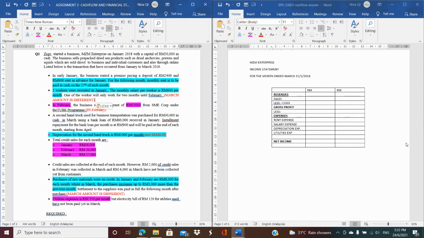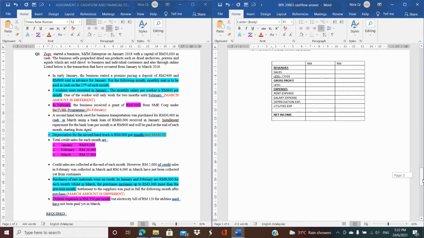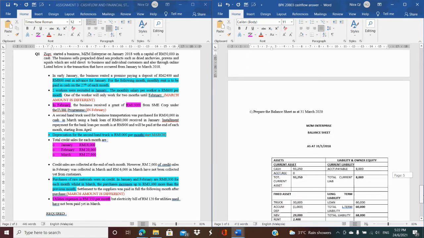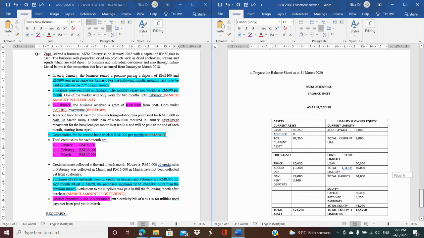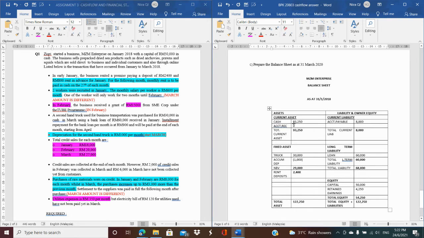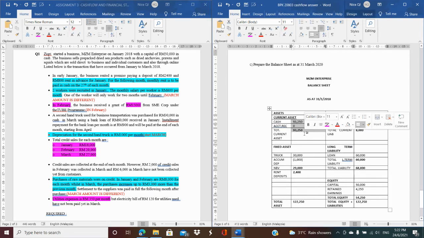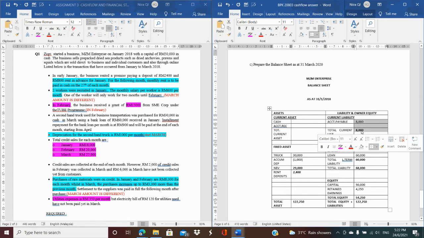Okay, so you calculate it by yourself. Now I'm going to show you the preparation of the balance sheet. In the balance sheet, this is the format.